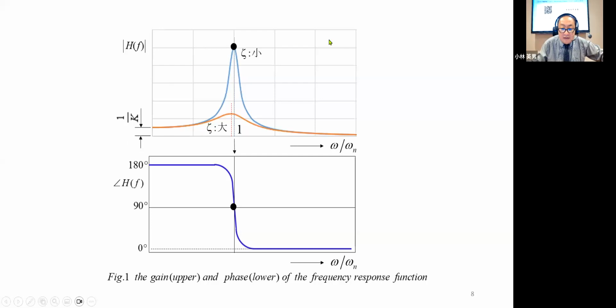So the vertical axis means gain, okay? The lower figure becomes phase, okay? So the gain becomes like this one.